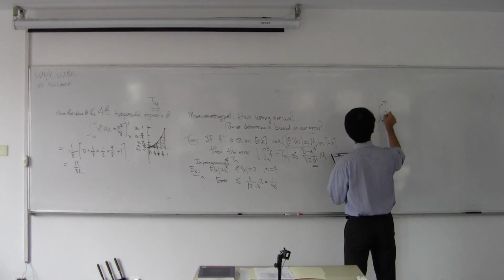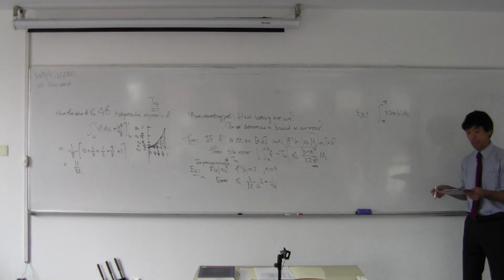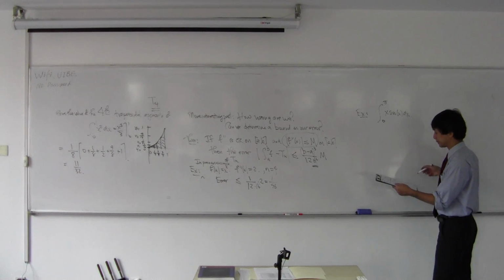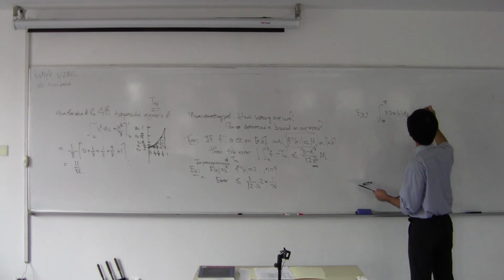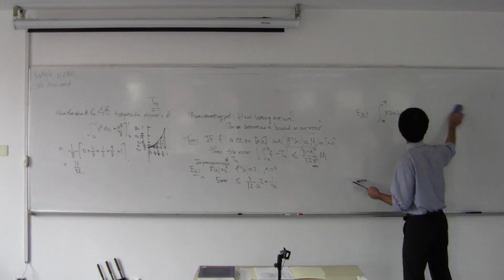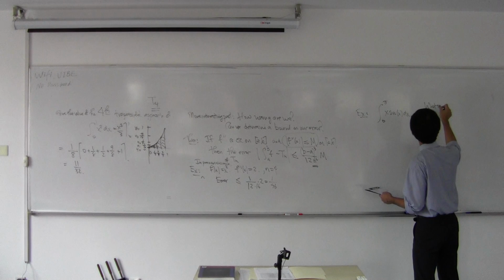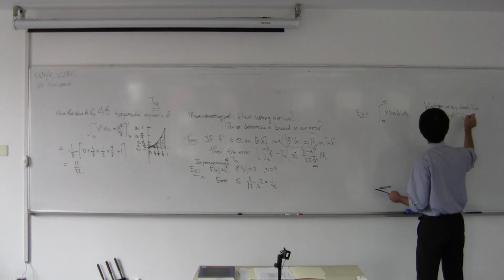Somebody asks you to get a trapezoidal approximation of this function. So let's think about what we can say about the error of T sub n.